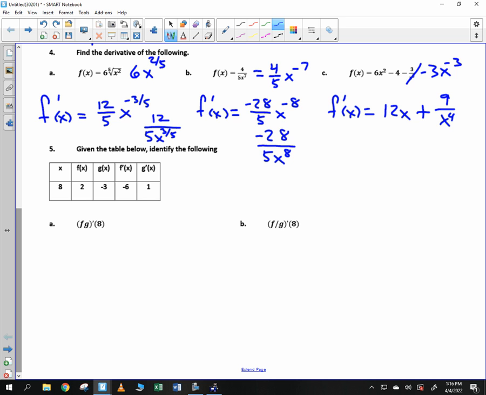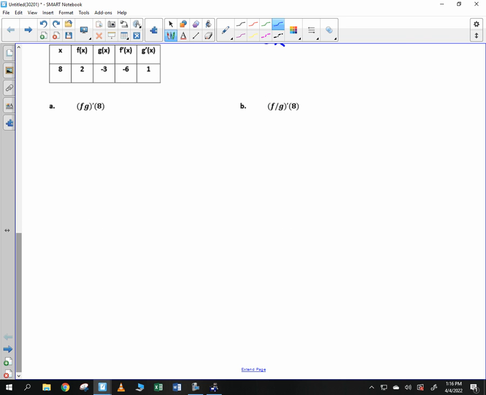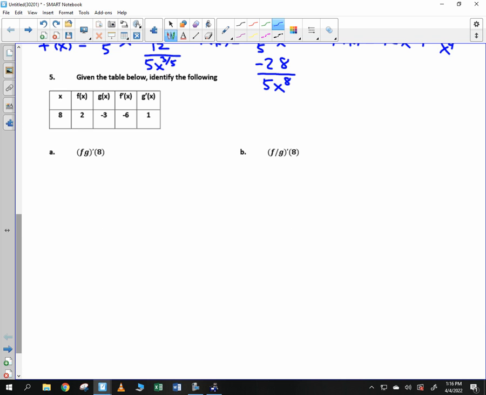So just try to get through this piece. Let's finish here, and then you can go on your way. So I'm given a table of values. This is not written as an AP question, but this is definitely an AP question. I want to find f times g prime of 8. So what rule will you use? Product. So you do f prime of 8 times g of 8. Then what? Plus g prime of 8 times f of 8.